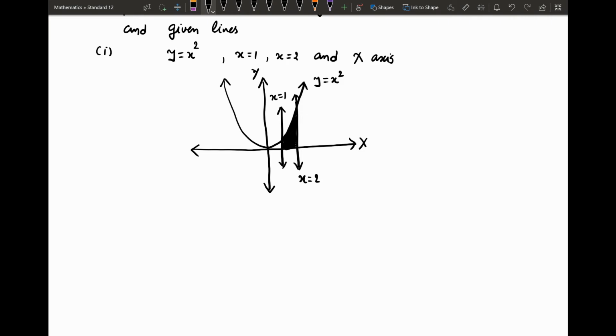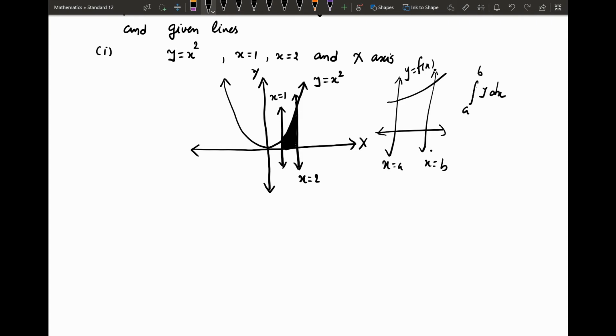So now we will use the formula. If y equal to f of x, x equal to a, x equal to b and x axis, the area is the integral from a to b of y dx.